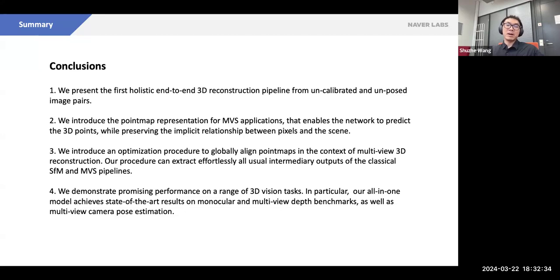In this procedure, we could extract the intermediary outputs, for example, the depth and the camera poses or camera intrinsics, that all the classical structure-from-motion or MVS pipeline could do. And we also evaluated our pipeline on a range of 3D vision tasks. Our method achieves SOTA results on both monocular and multi-view depth benchmarks, as well as in multi-view camera pose estimation.